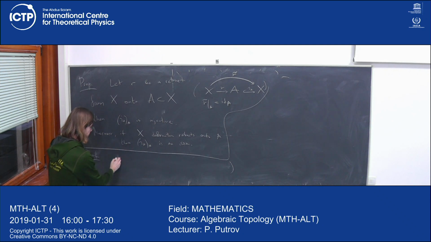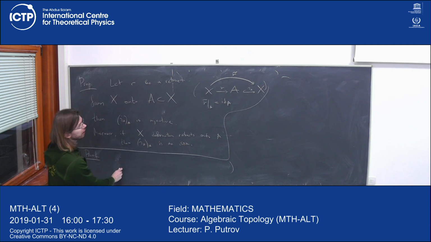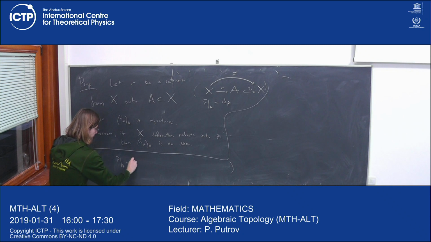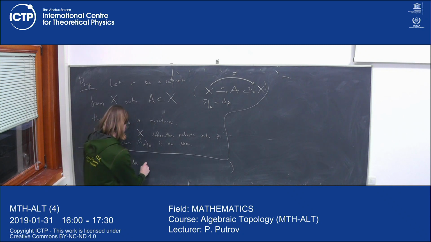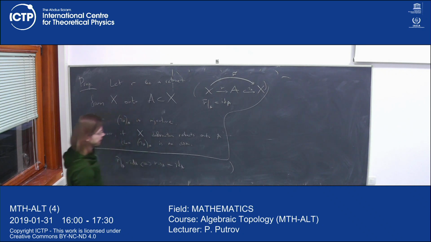I just want to use the fact that R tilde restricted on A is the identity on A. It can be written as a composition of the inclusion and R, which is the identity on A, right?